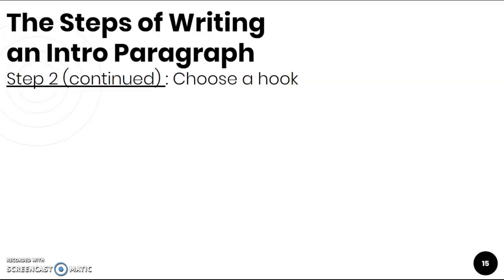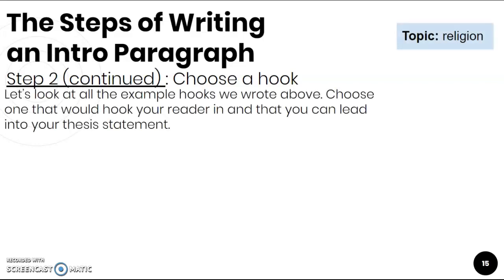Okay? All right. So step 2, continued, is to choose one of these hooks. Again, our topic is religion. We want to think about which hook would hook the reader in, but also lead smoothly into our thesis statement.